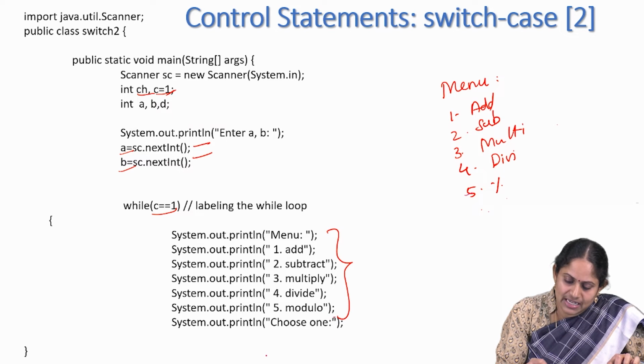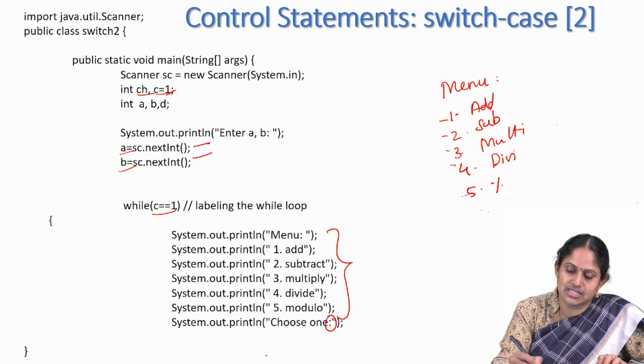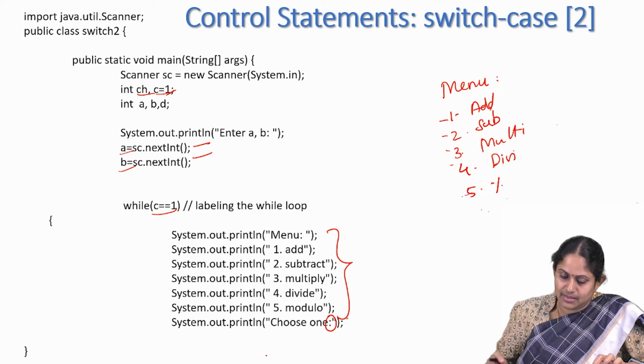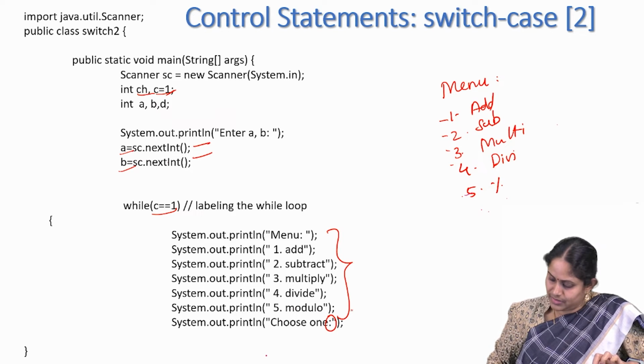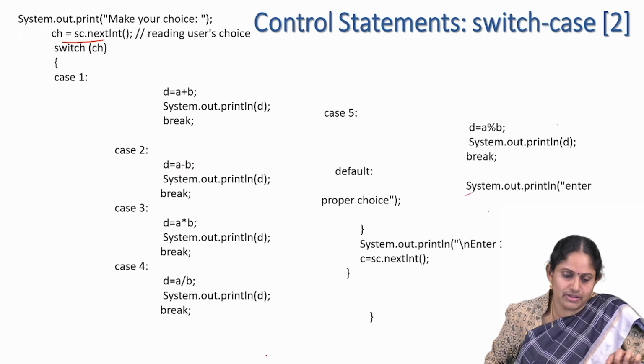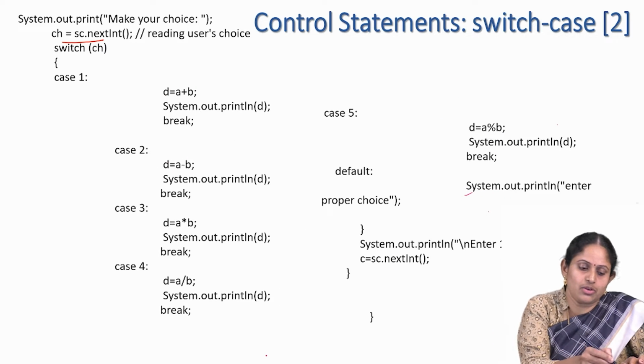So we can give one of these numbers, and depending on that, it will be read into ch. So you have to make a choice and that value will be read.